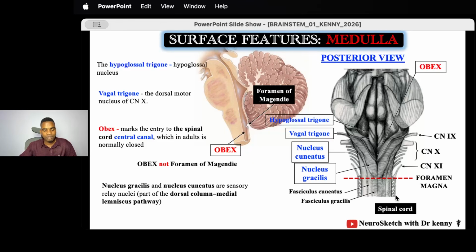Because the foramen magnum is here, the nucleus cuneatus and nucleus gracilis are found in the medulla, but the fasciculus cuneatus and gracilis are within the spinal cord. So they get this information and synapse onto these two nuclei, which relay the information coming from the dorsal column medial lemniscus pathway.